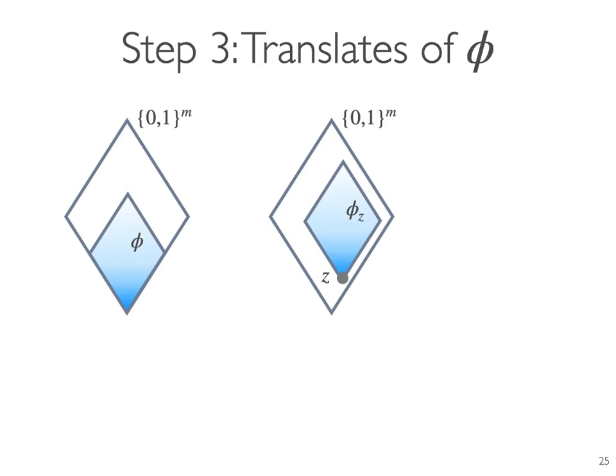Now define capital phi i to be the average of the phi z's, where z ranges over all characteristic vectors of the k subsets colored with the ith color. With this definition, every point of Hamming weight k belongs to the support of exactly one capital phi i.